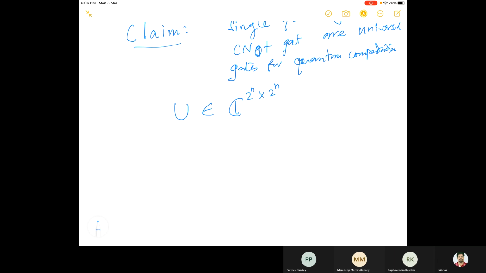Whenever I say a circuit, it means I need to factorize this U in terms of other lower dimensional matrices.